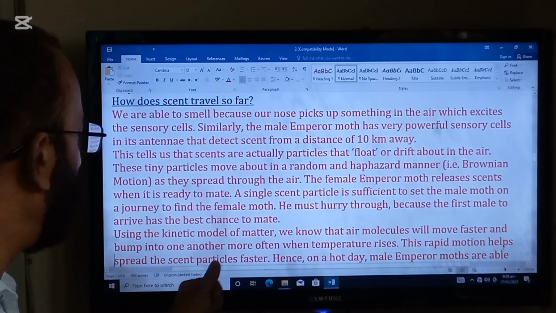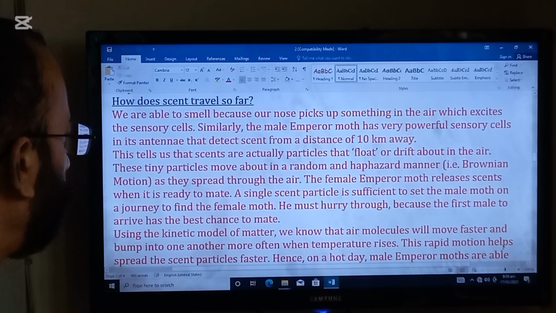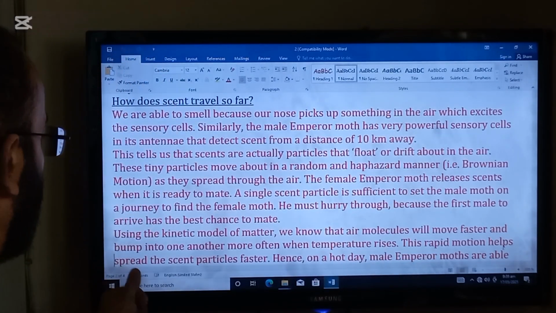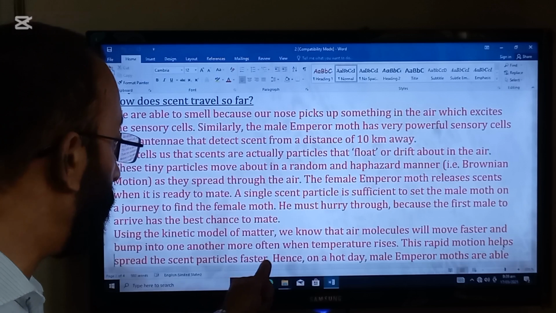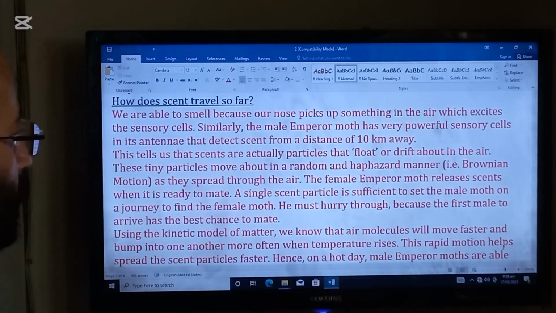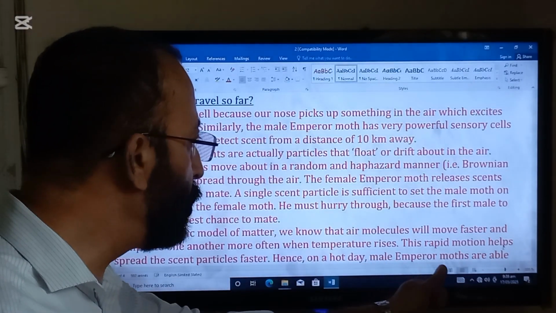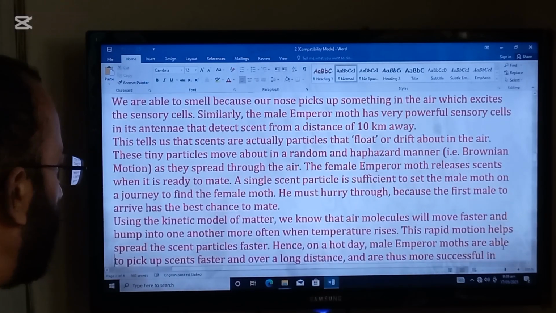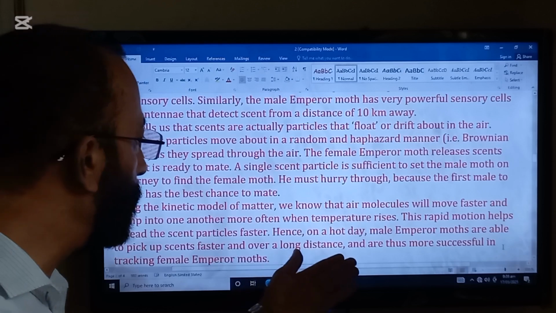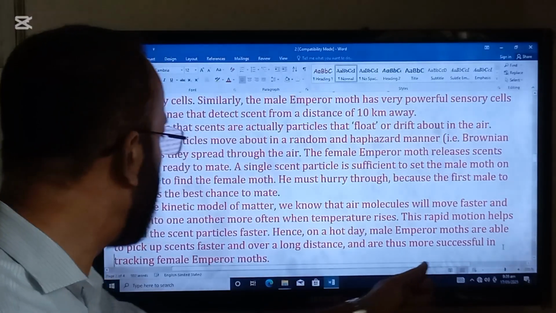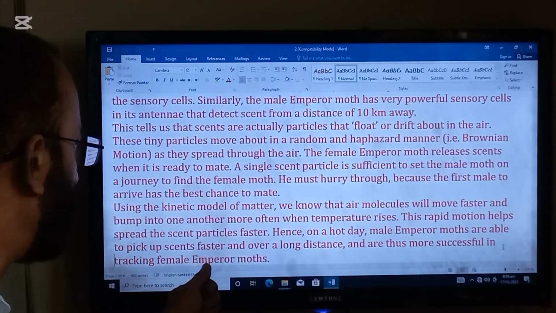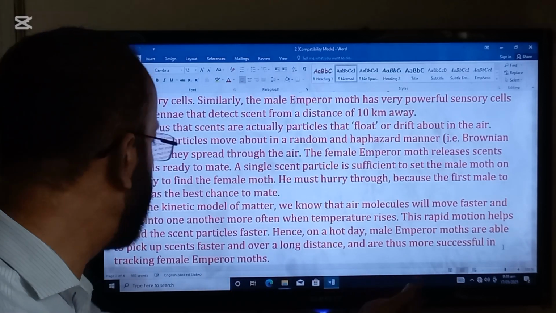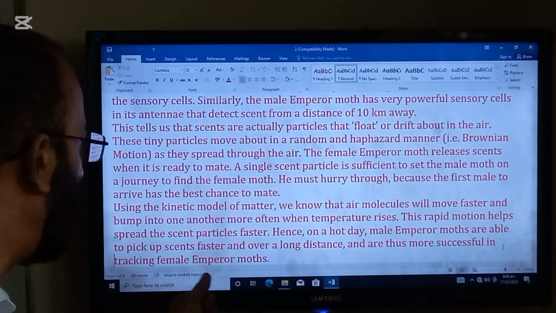Using the kinetic model of matter, we know that air molecules will move faster and bump into one another more often when temperature rises. This rapid motion helps spread the scent particles faster. Hence, on a hot day, male emperor moths are able to pick up scents faster and over a long distance, and are thus more successful in tracking female emperor moths.